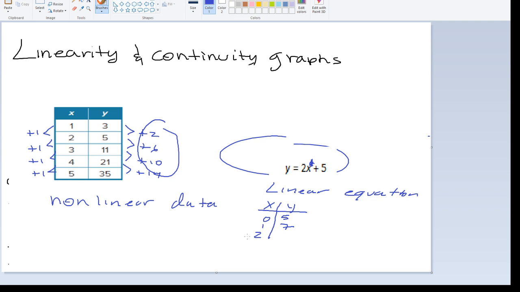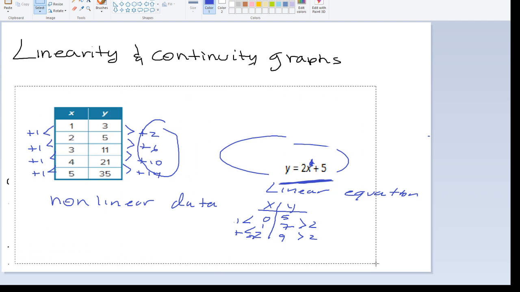If I take 2, 2 times 2 is 4, plus 5 is 9. Notice the change here is by 2, it's increasing by 2, increasing by 2. On this side, it's increasing by 1. So we know this is a linear function, a linear equation.